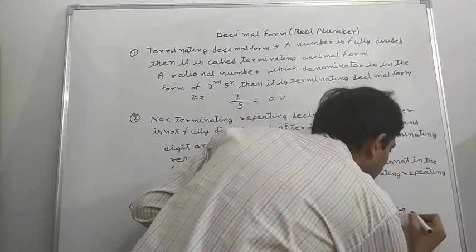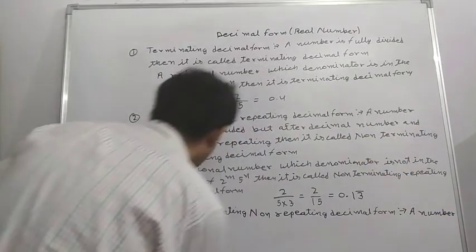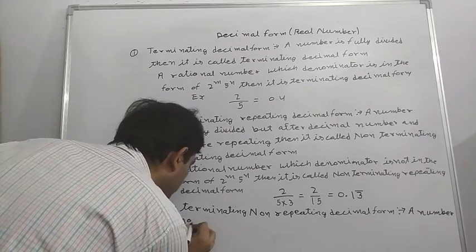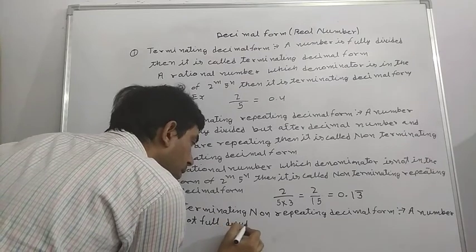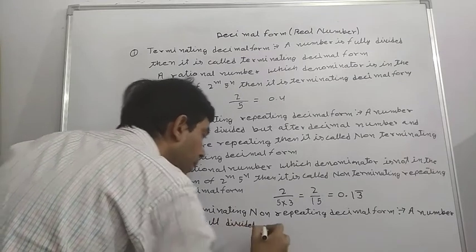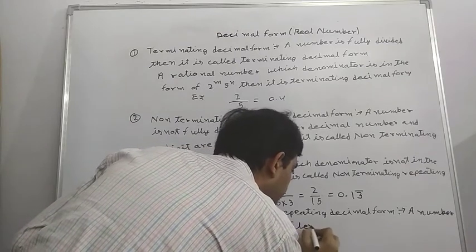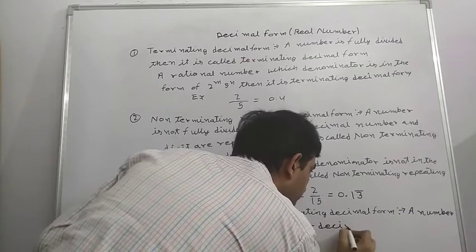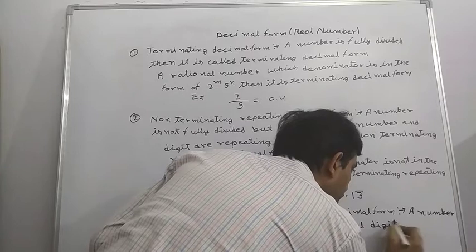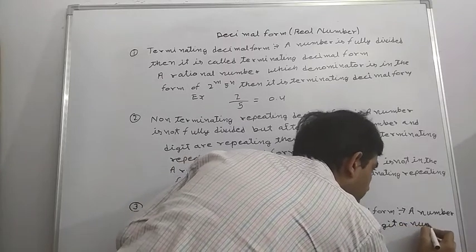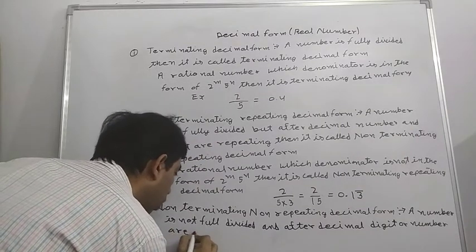This means a number is not fully divided, and after the decimal the digits or numbers do not repeat.